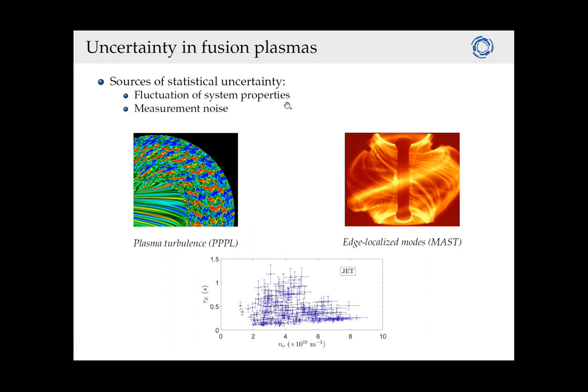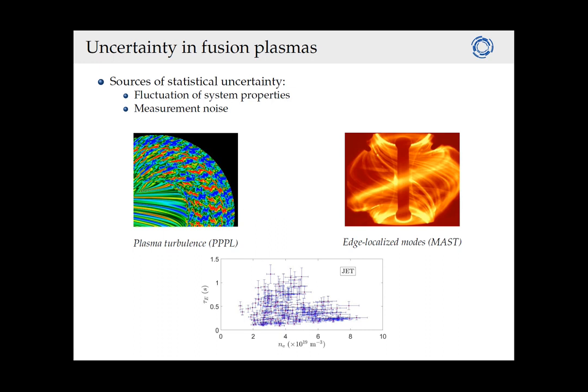So sources of statistical uncertainty are of course, on the one hand, fluctuation at a microscopic scale of properties of the system, and one example is of course the turbulent transport of particles and energy, of which you see here a simulation.